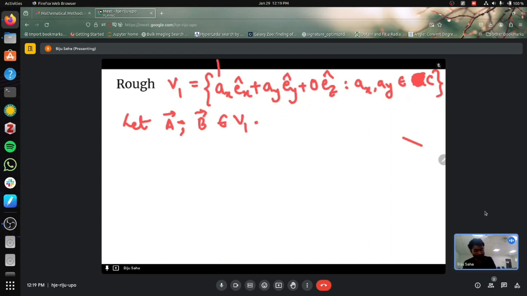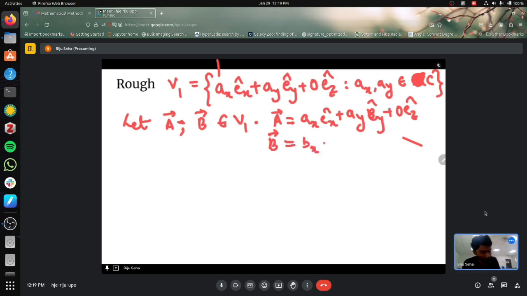Since they belong to this subset, A and B should have a form like this. So this is a different vector with different components, but the third component is always 0. Yeah. So these are the two vectors.